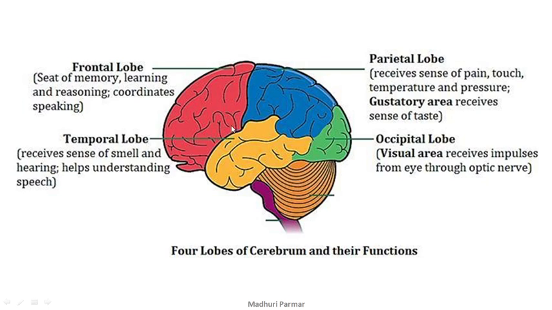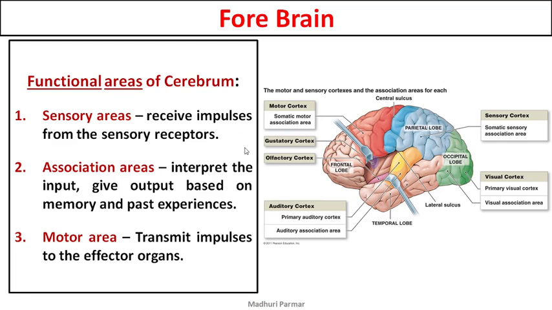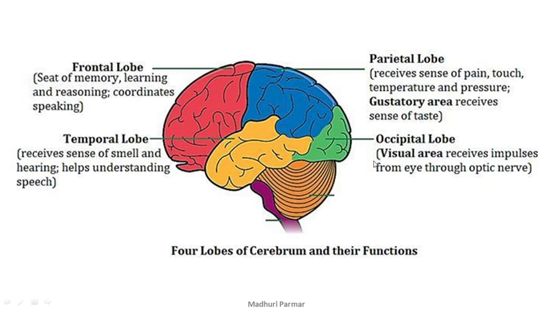Fine. Then this yellow colored one is your temporal lobe. Temporal lobe on the inner side will receive the sense of smell, which we saw here in purple color. Then here it will receive the sense of hearing, which is also known as Wernicke's area. And this Wernicke's area will understand what the other person is saying.